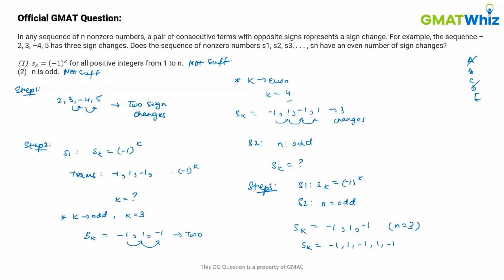In both the cases, the number of sign changes is 1 less than the odd number, which will be even. Hence, after combining the two statements, we can conclude that there are an even number of sign changes. So, the two statements together are sufficient, and thus the correct answer is option C.